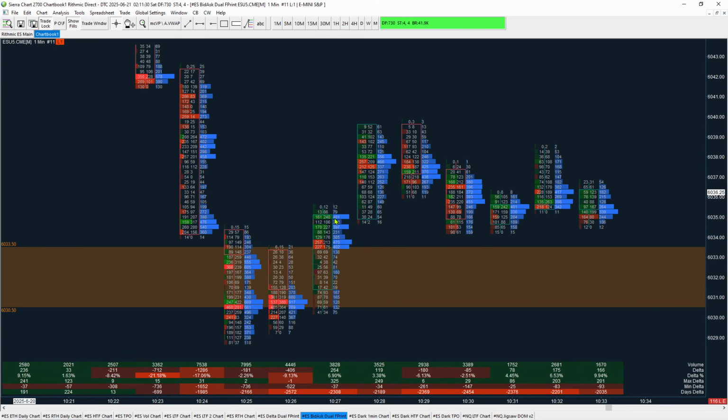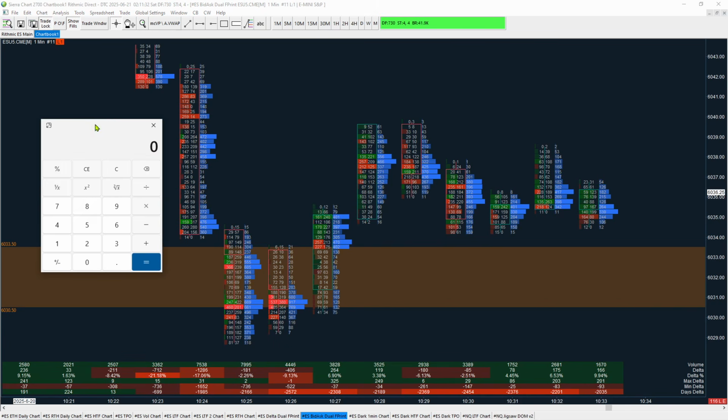That's a total of 401. So if we take 161 plus 240, it equals 401. That's the total traded. Now, if you want to see the delta, the difference, who was dominating this candle, what you do is you take the bid, which is the aggressive selling, that's the left side, the 161.